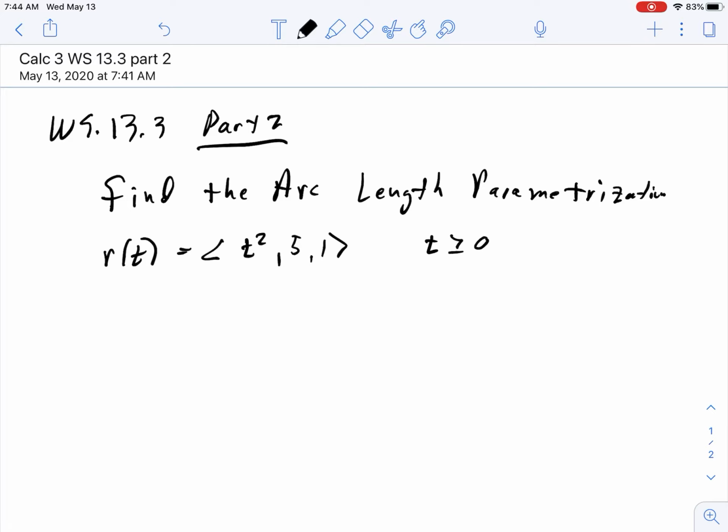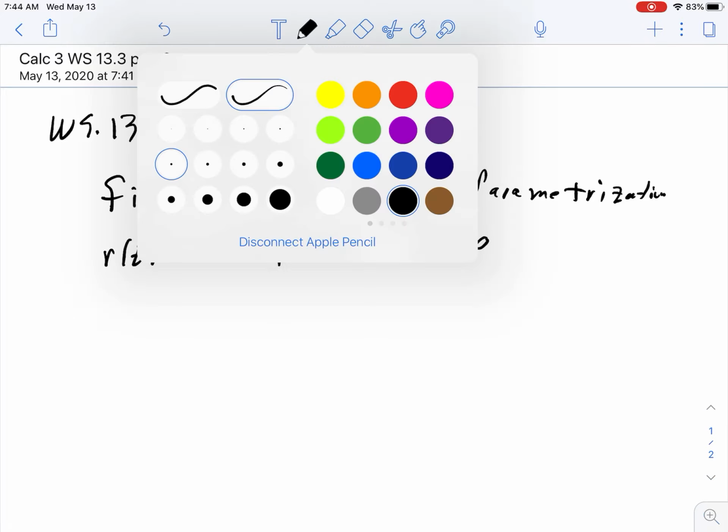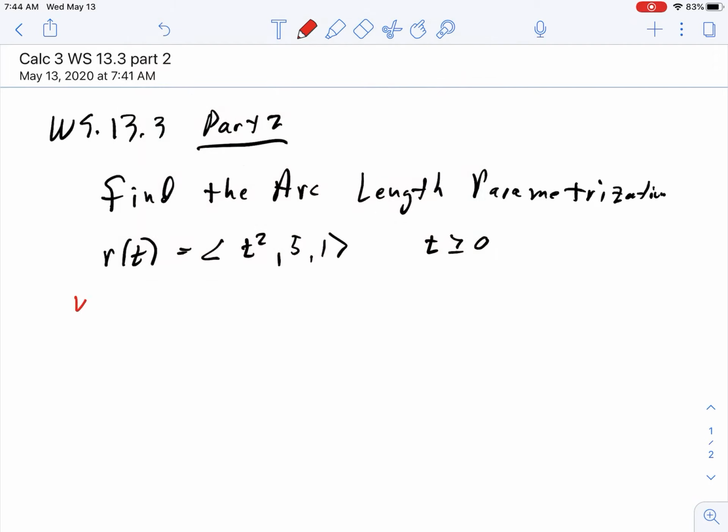Let's look at, for example, when t is 2, in terms of your location. So r(2) would be 4, 5, 1, your location here.